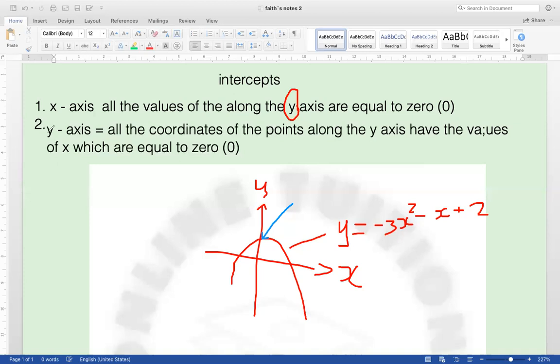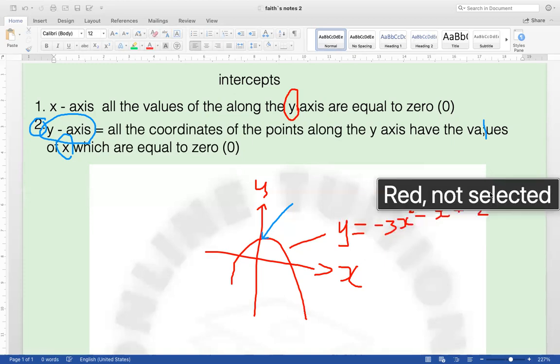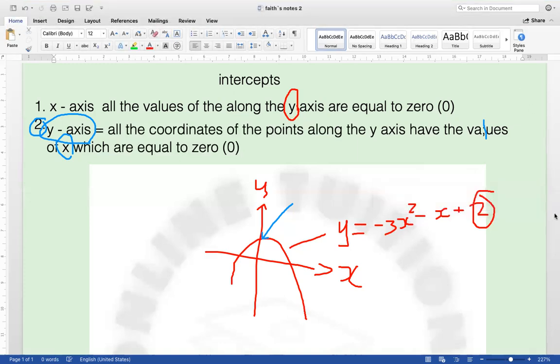So that coordinate is very easy to find. We will just go to point number 2, which is saying, because this point is lying along the y-axis, we know that all the values of x are equal to 0. And this is how this number which does not have an x is coming out to be a point where the graph crosses the y-axis.